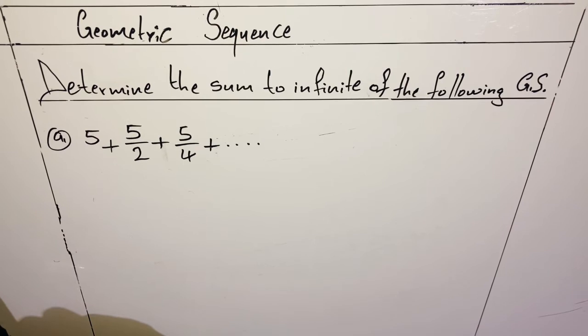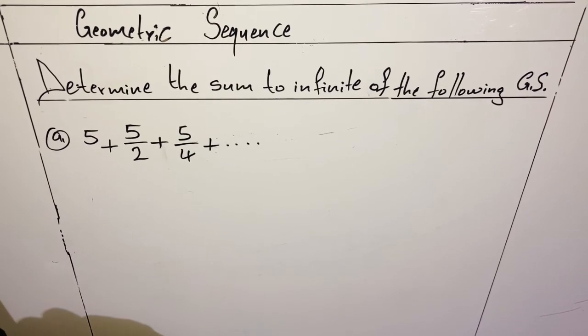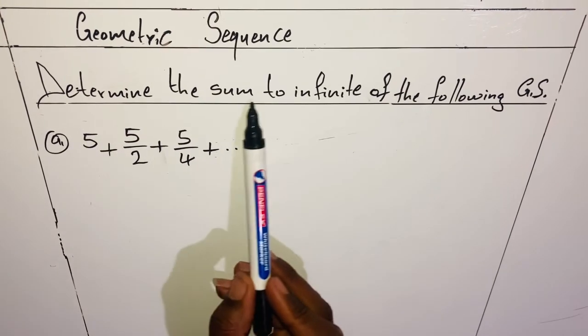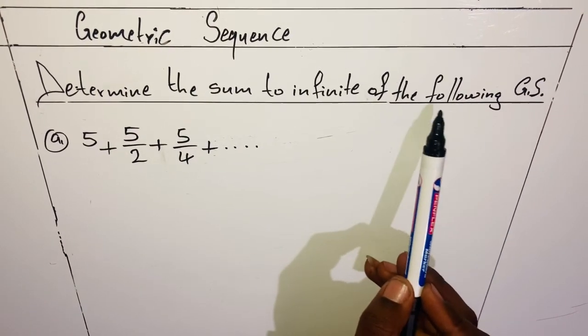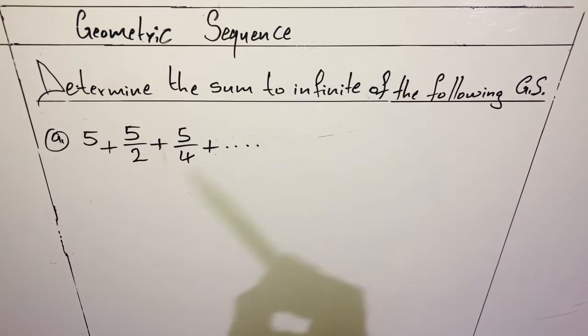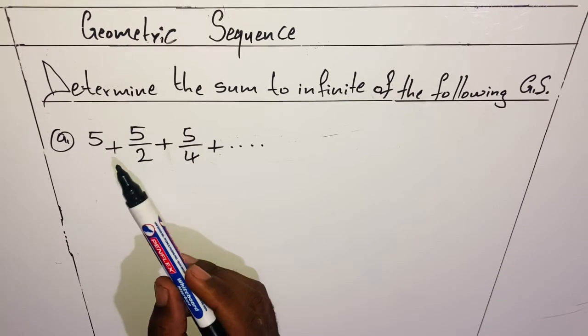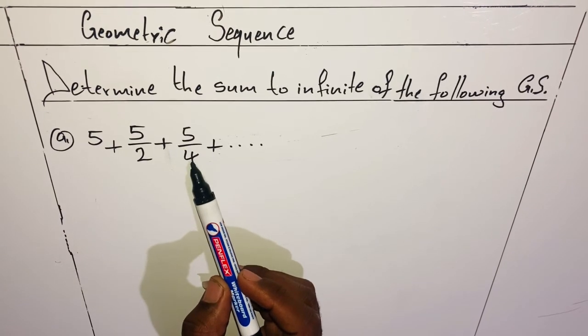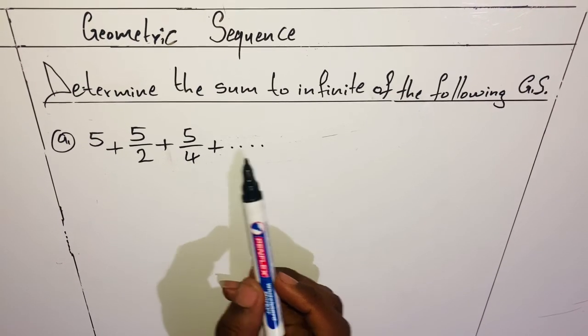We now have to find the sum to infinity. As the question states, determine the sum to infinity of the following geometric sequence. We are given 5 plus 5 over 2 plus 5 over 4, then it continues.